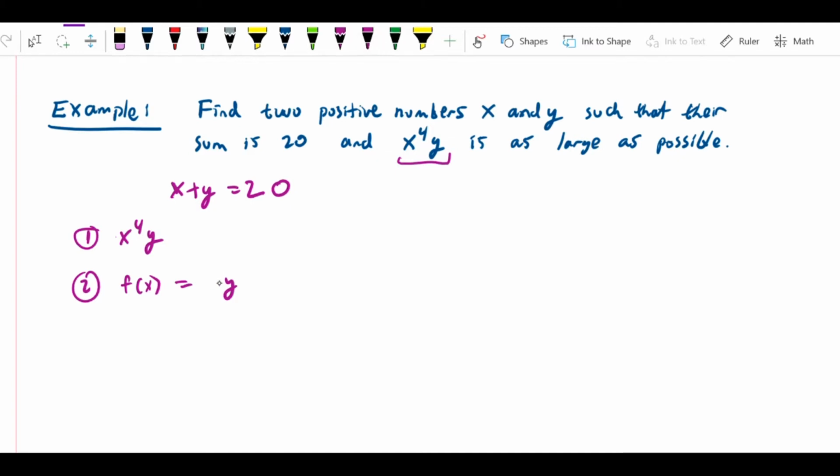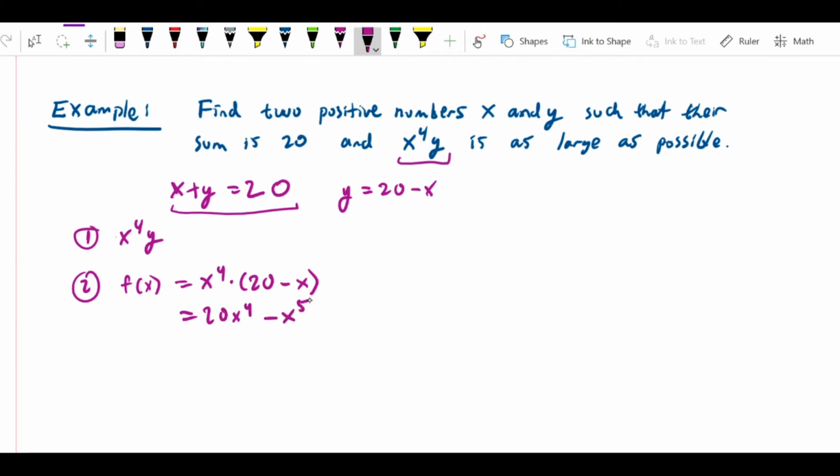Fortunately, that's not difficult, because we can write y is equal to 20 minus x based on this constraint. So this is x to the fourth times 20 minus x, just replacing y with an expression involving x. That's 20x to the fourth minus x to the fifth.